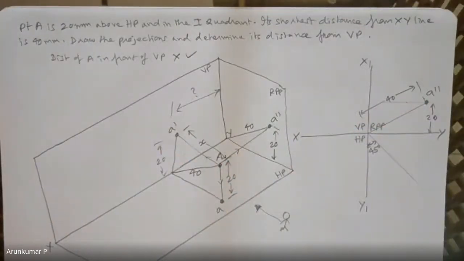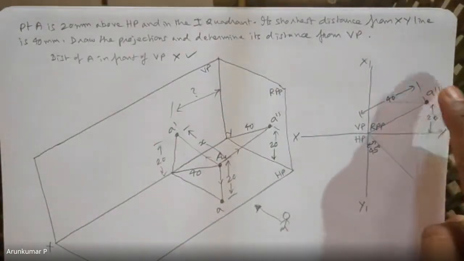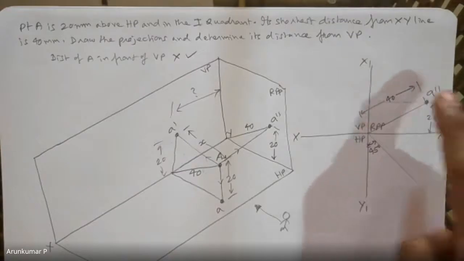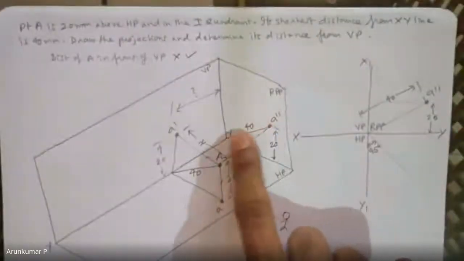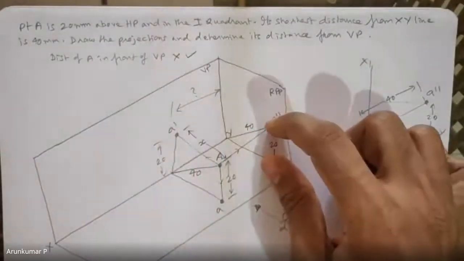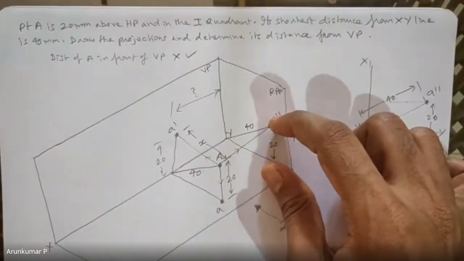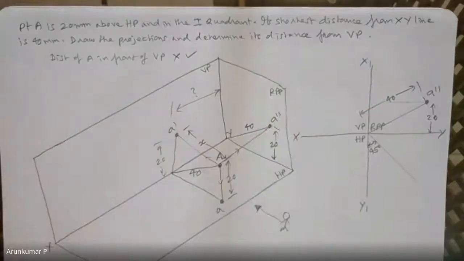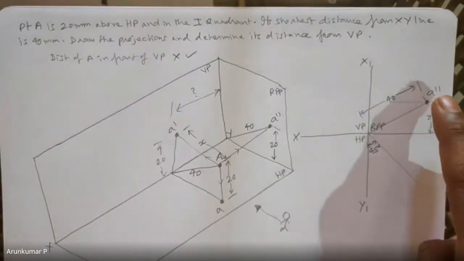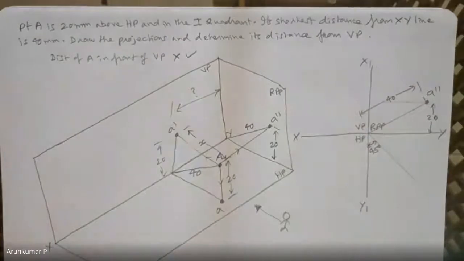So basically, this is a problem where you have to start from the side view with the help of this shortest distance 40 and also with the help of this distance which the point A is above HP. These are the only two distances which you require. Okay, so this is a unique problem wherein you have to start with the side view. Okay, now fine, you have started with the side view.